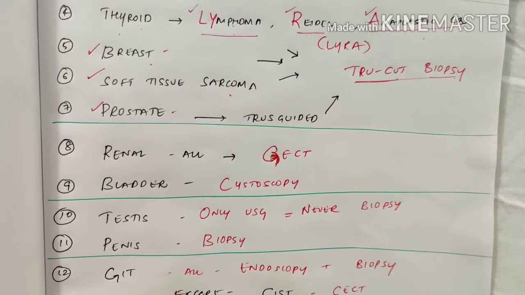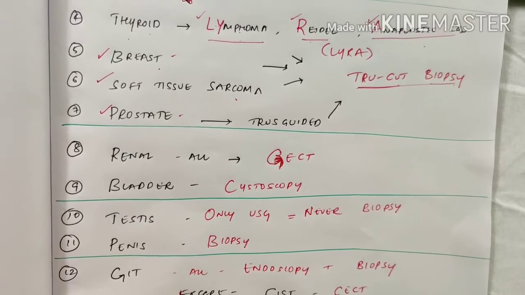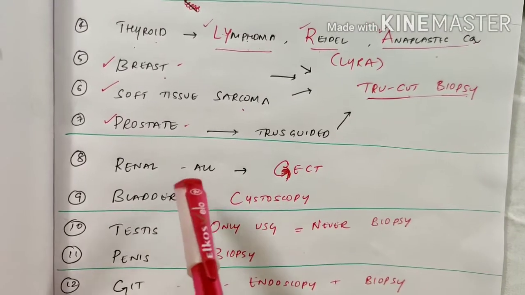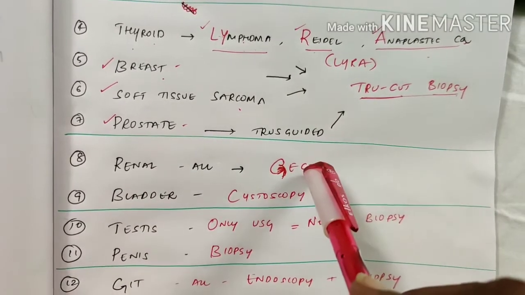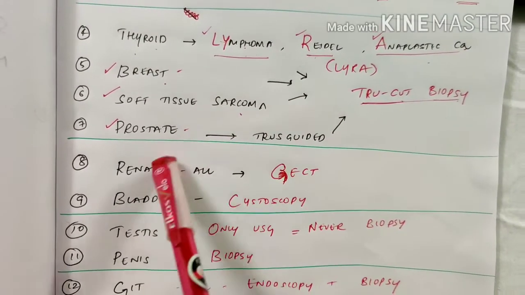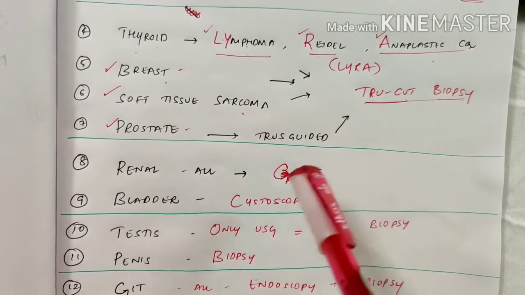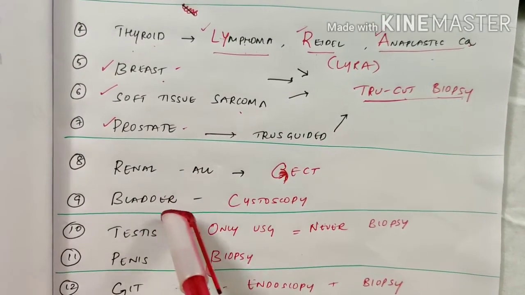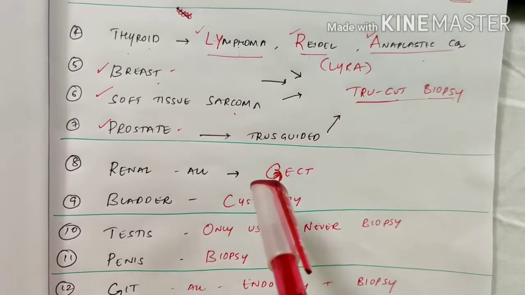If it is a cancer, you go for cystoscopy and histopathology. So to summarize, for all renal pathologies, not only cancers, the investigation of choice is CECT. For all bladder pathologies, the investigation of choice is cystoscopy.